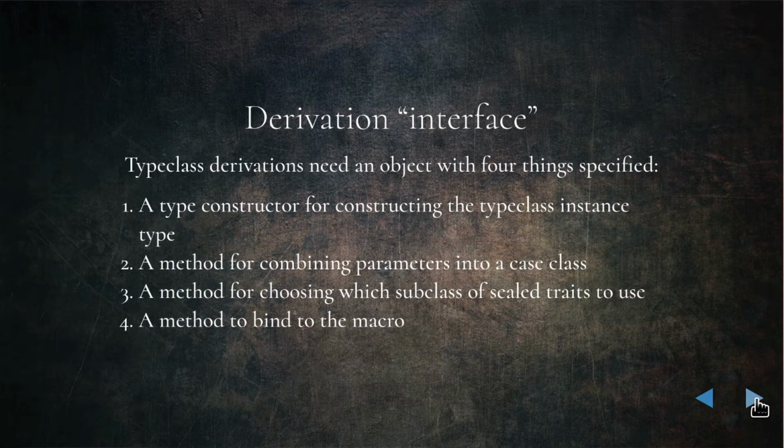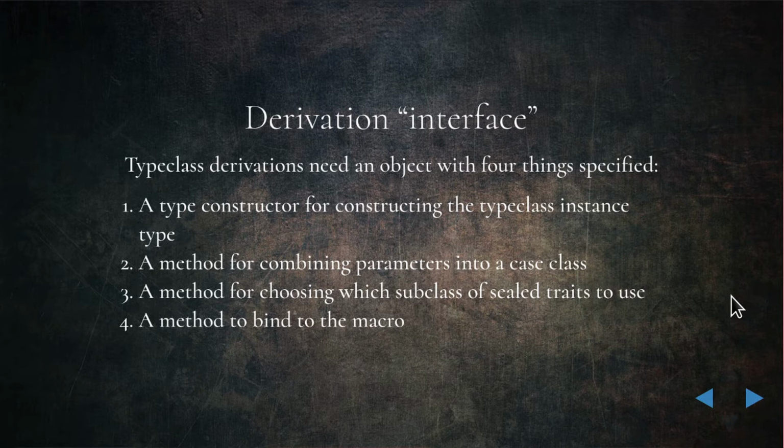And that interface, I put interface in quotes because it's not an interface in the object-oriented sense. It is basically a list of methods that need to exist in some form on an object for Magnolia to be able to do a derivation. They are a type constructor for defining what the type of the type class is and which parameter in that type class is generic, which one we are genericizing with the macro.